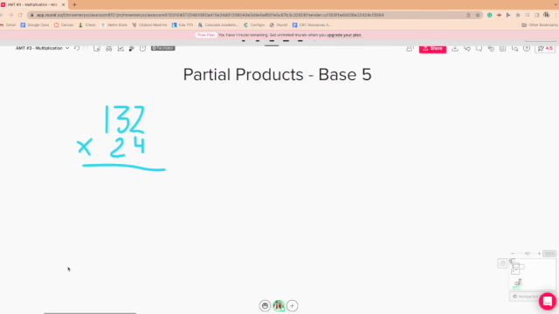Righty, last but not least, we are going to be doing partial products for base 5. So if we remember from earlier, when we do partial products, we are breaking apart each number by their place value. So similar to how we do it in the area model, but just less visual and more with just the numbers.